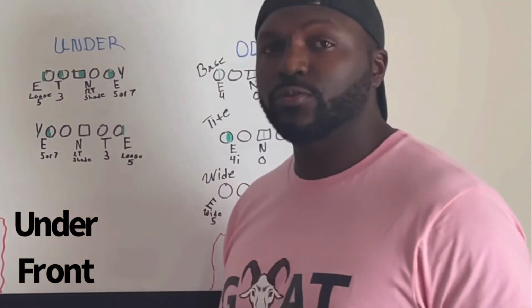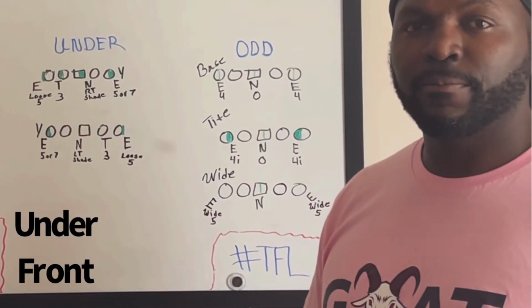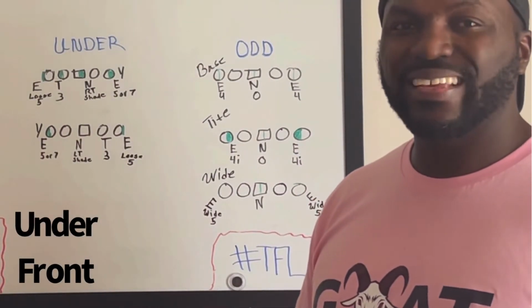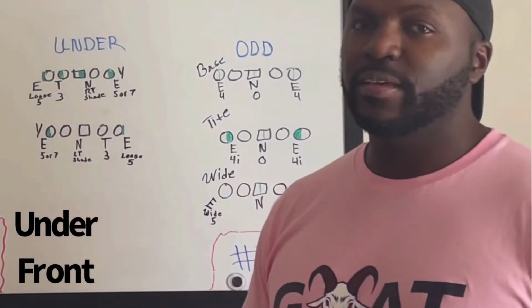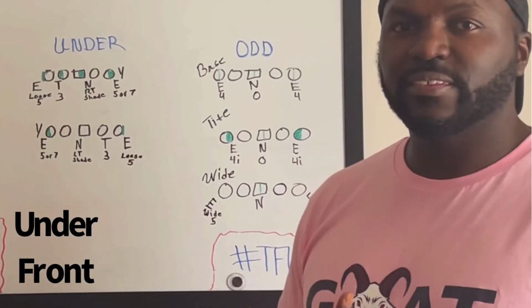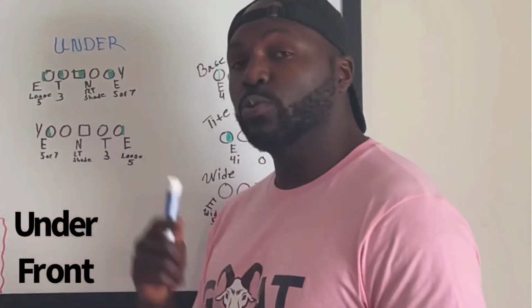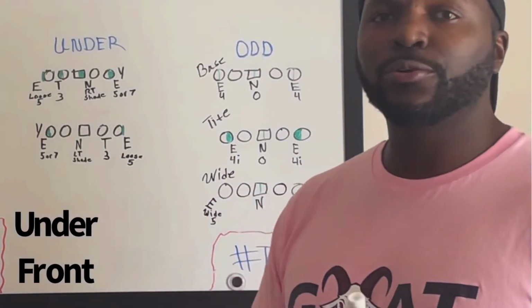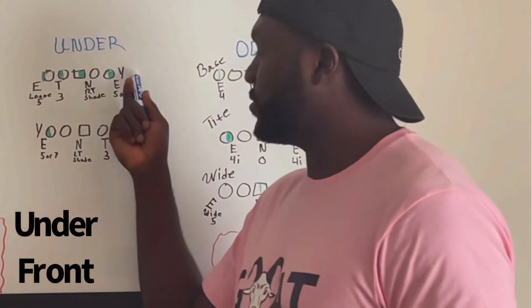The end to the close side is aligned in the 5 technique and is responsible for the C gap. In some defenses, that end could be aligned in the 7 technique, inside shoulder of the tight end. The nose tackle, now to the close side in under, is aligned in a right shade because our tight end is to the right.